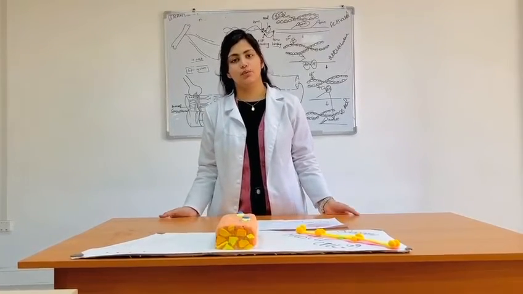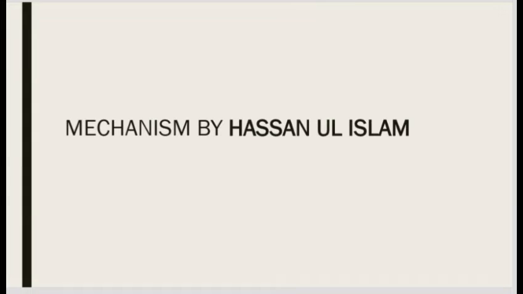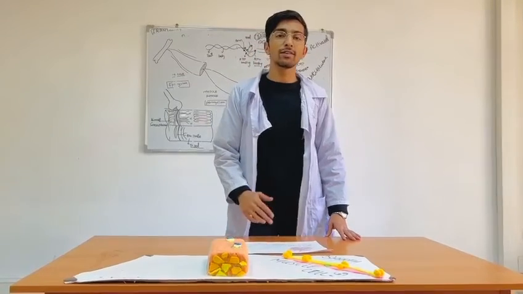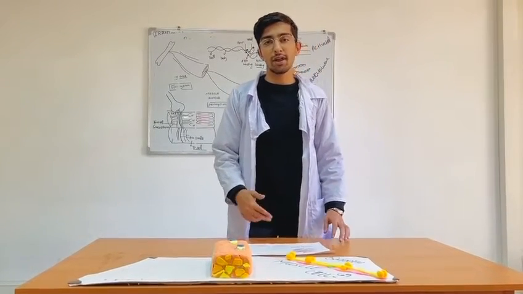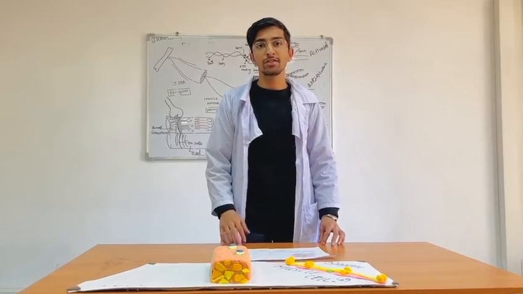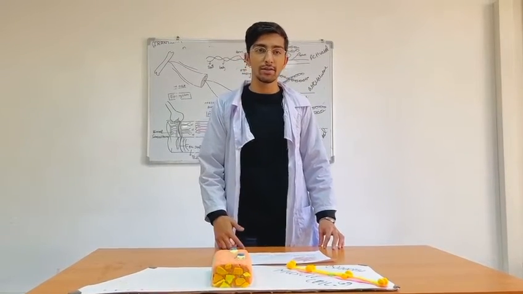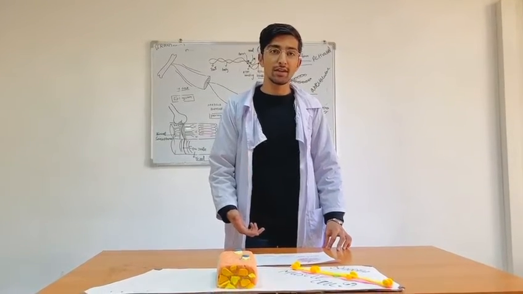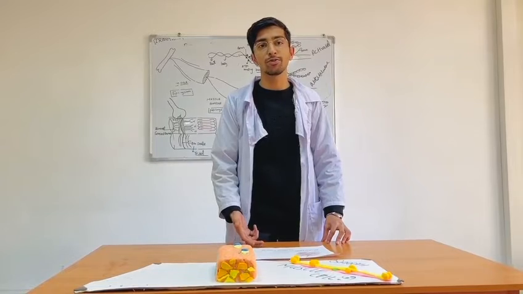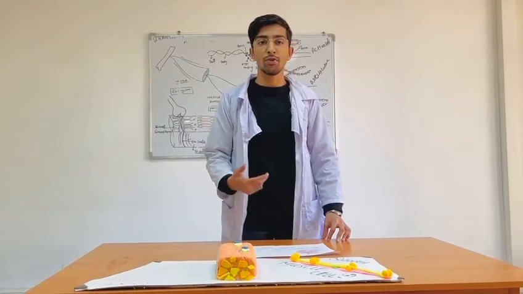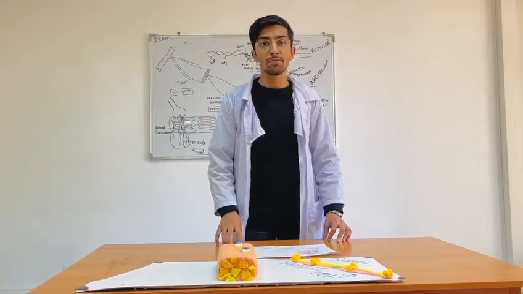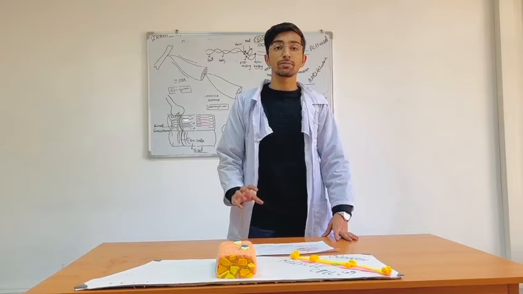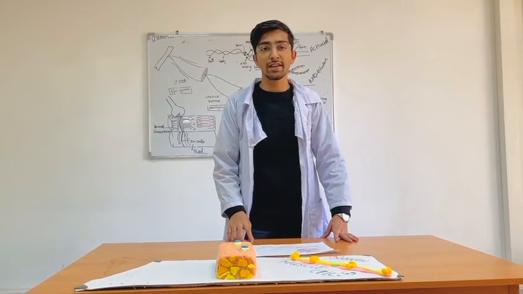The mechanism of smooth muscle contraction. During an action potential, voltage-gated Ca2+ channels open, which leads to Ca2+ ions entering the cell, and when they reach the sarcoplasm of the smooth muscle fiber, they bind with calmodulin, making a calmodulin complex, which further activates the myosin light chain kinase enzyme.